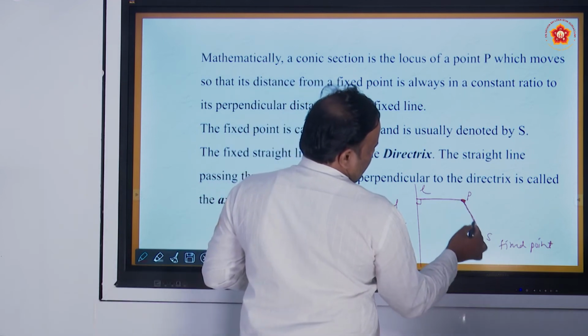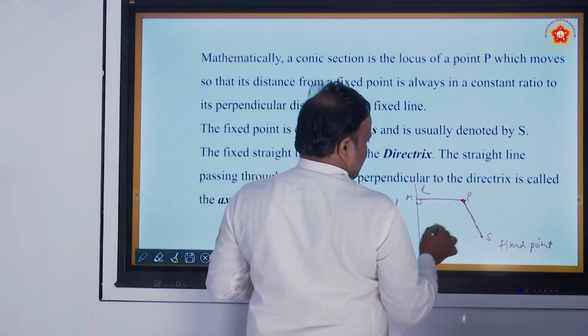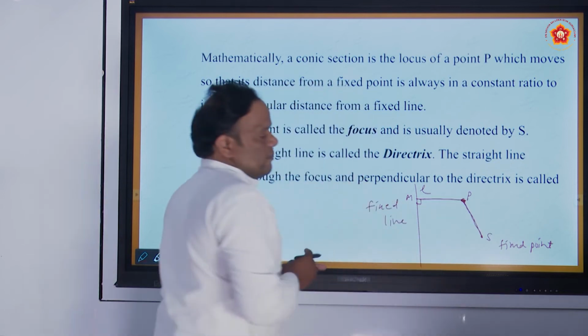So for this ratio, you take here M. Observe once again. This is a very important definition.